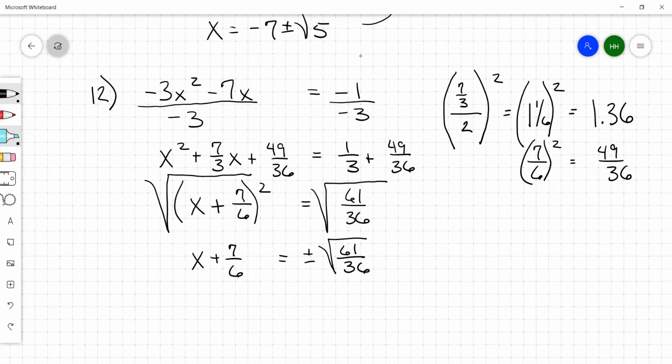Now, I'm going to go over here for a second. I want to show you this. Look, the square root of 61 over 36 is the same as the square root of 61 over the square root of 36. Well, 36 is a perfect square. So all of this right here is the same as the square root of 61 over 6.